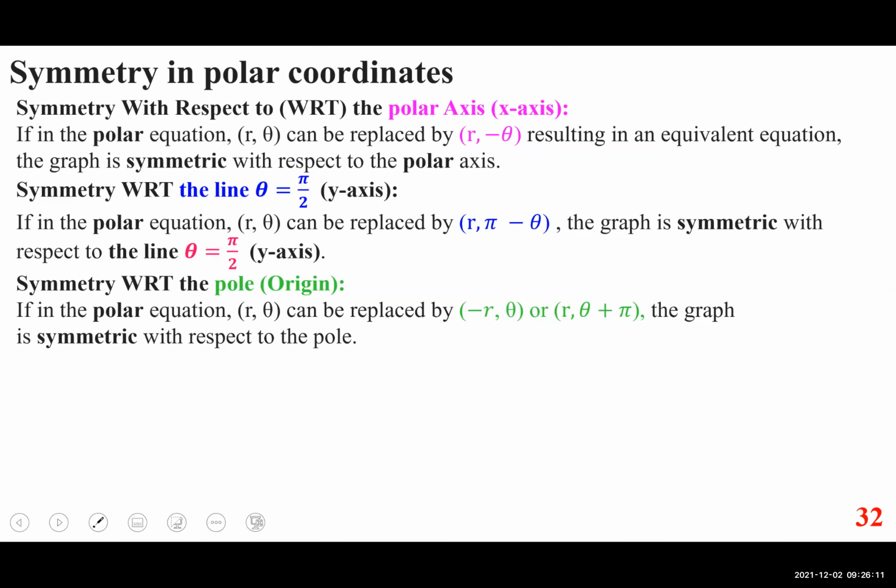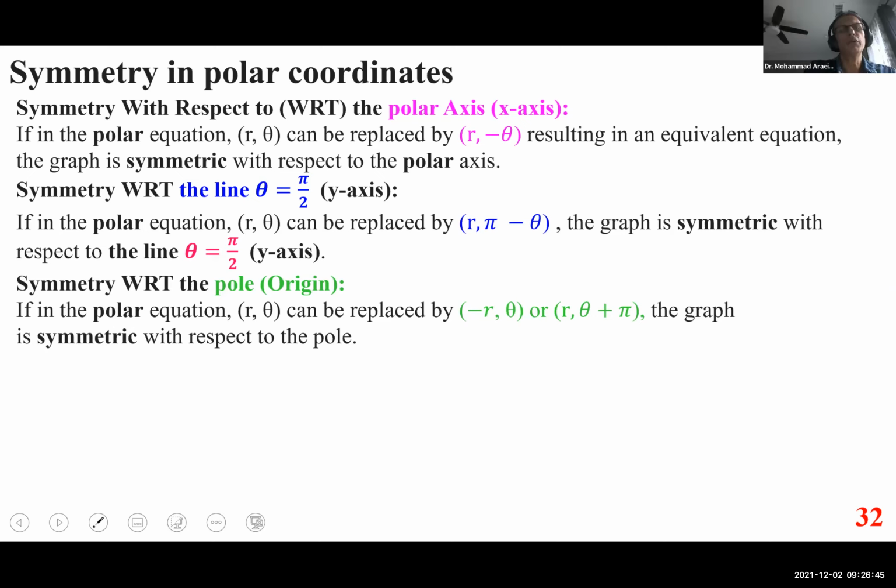Symmetry WRT the line theta equals pi over 2, y-axis: if the polar equation r comma theta can be replaced with r comma pi minus theta, the graph is symmetric with respect to the line theta equals pi over 2, y-axis. Symmetry WRT the pole, origin: if in the polar equation r comma theta can be replaced with negative r comma theta or r comma theta plus pi, the graph is symmetric with respect to the pole.